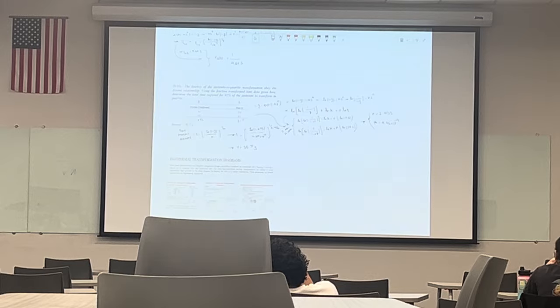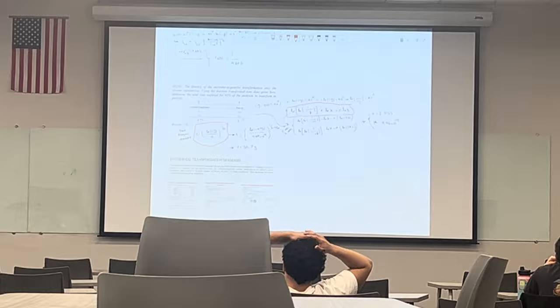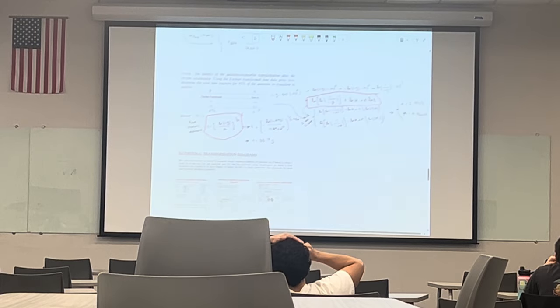So again, just be familiar with these two forms of the Avrami equation. This one is when we want to solve for t. This one is when we want to solve for, for example, k or n. Okay. Any questions?